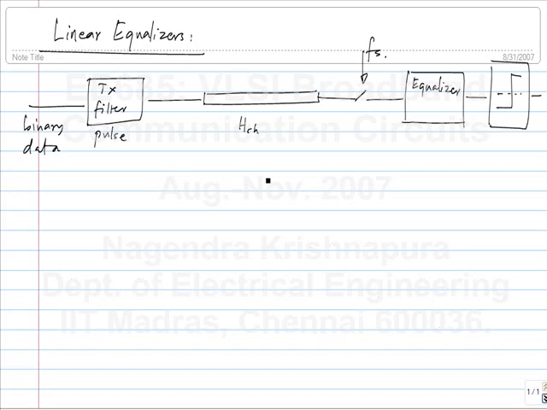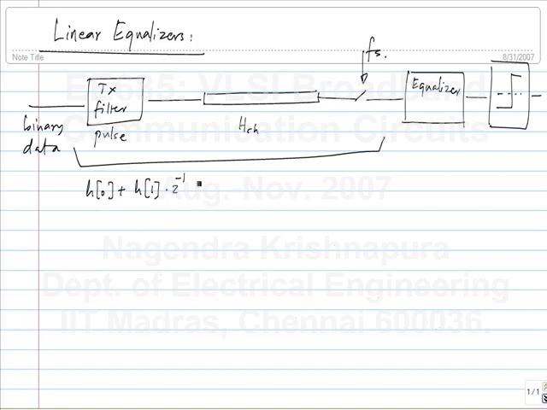And we started off by looking at very simple models for ISI and the filter. So let's say the response to a single pulse of this part looks like this. This has an ISI with one tap.